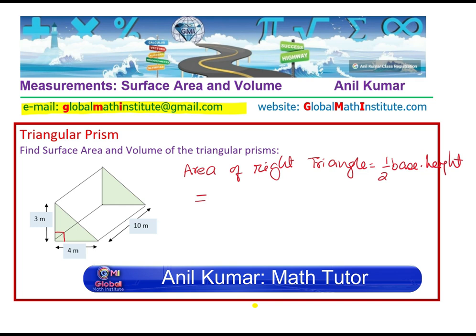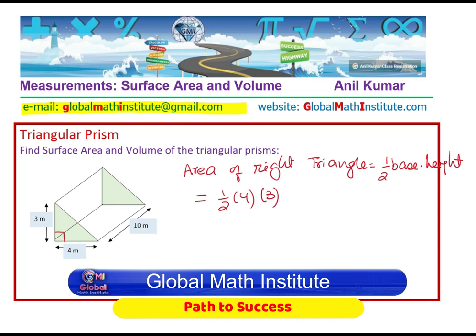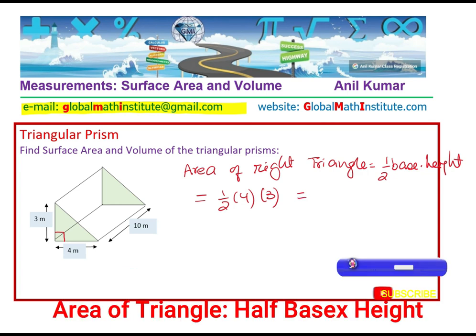Now, in this case, base is 4 and height is 3. So, half base into height gives us the area of the triangle, which is 4 divided by 2 is 2 and times 3 is 6. Unit being meter square. So we know the area of the triangle.